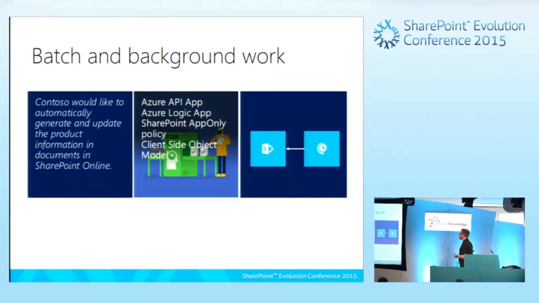But assume that our salespeople at the Contoso organization want this product data to be in a document so they can download it, print it and show it to the customers, etc. They want that updated regularly. That's stuff we did with timer jobs or other stuff previously. How do we do that in Azure?